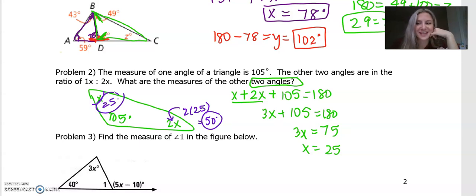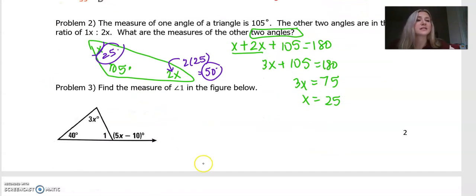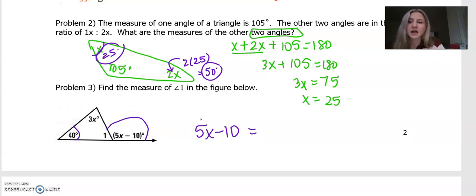Okay. The next one has us practicing that exterior angle theorem, where it says if I have an exterior angle, it equals the sum of the two interior angles non-adjacent to this interior angle number 1. Let me just solve that.